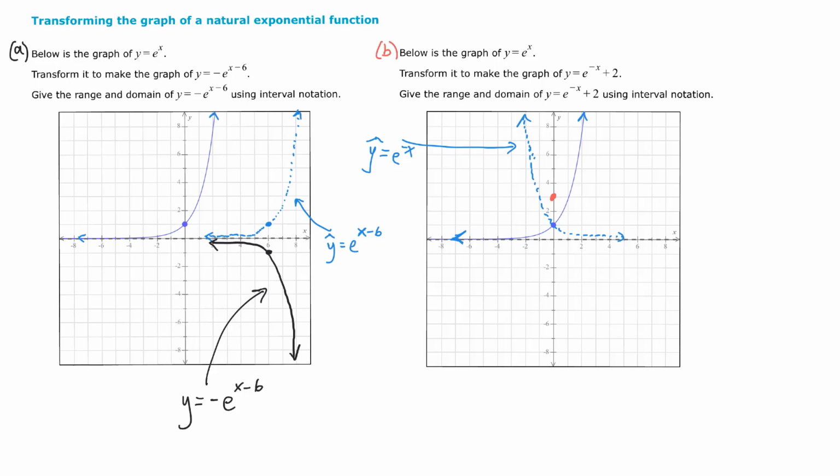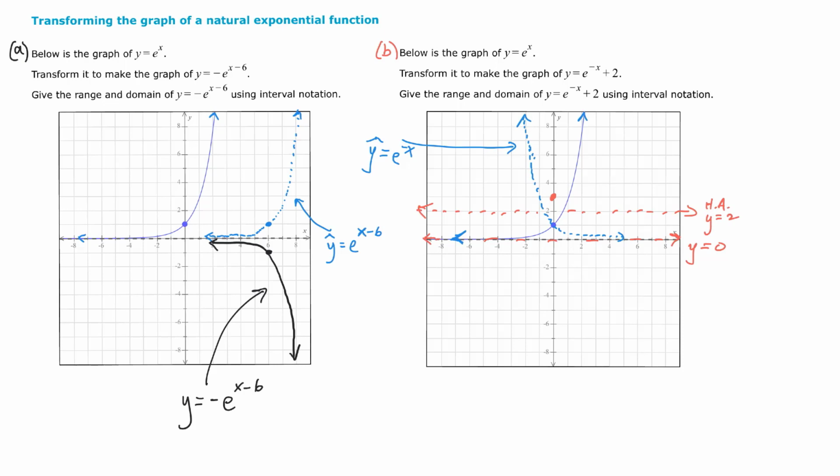That means your horizontal asymptote also moved. Your horizontal asymptote was right here. So this was y equals 0. This is going to move as well. This is now going to move to this part, which is y equals 2.